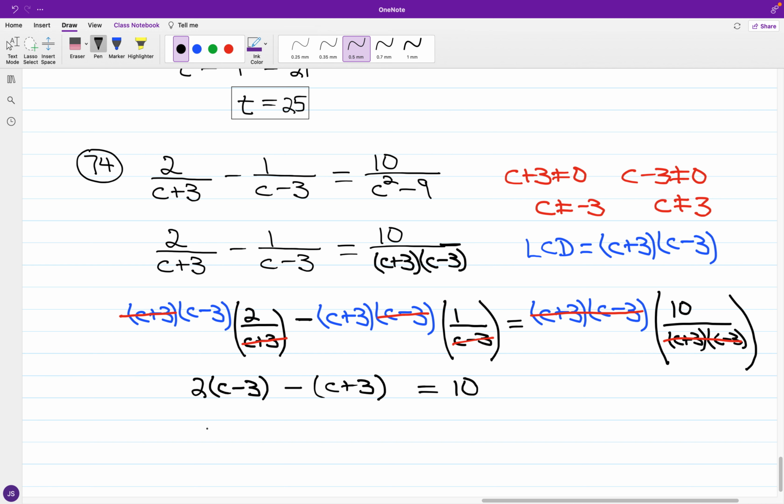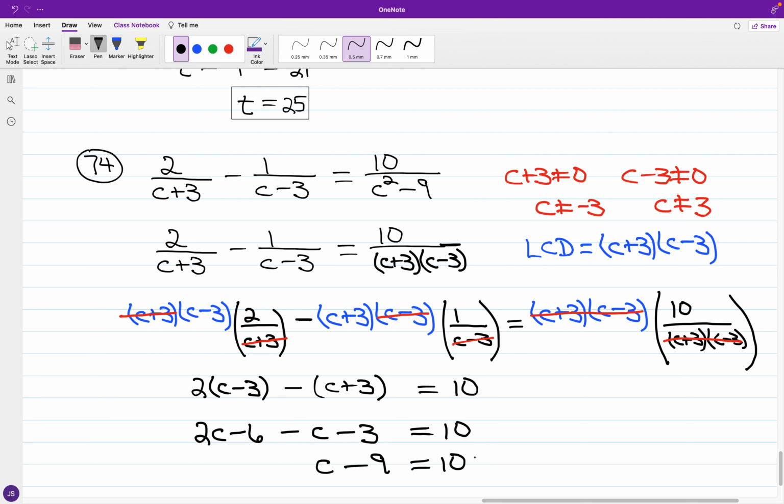Looking at distributing, we get 2c minus 6, and distributing subtraction over the quantity c plus 3, we'll have minus c minus 3 is equal to 10. Just combining 2c and negative c, we have c, and negative 6 minus 3 is negative 9.